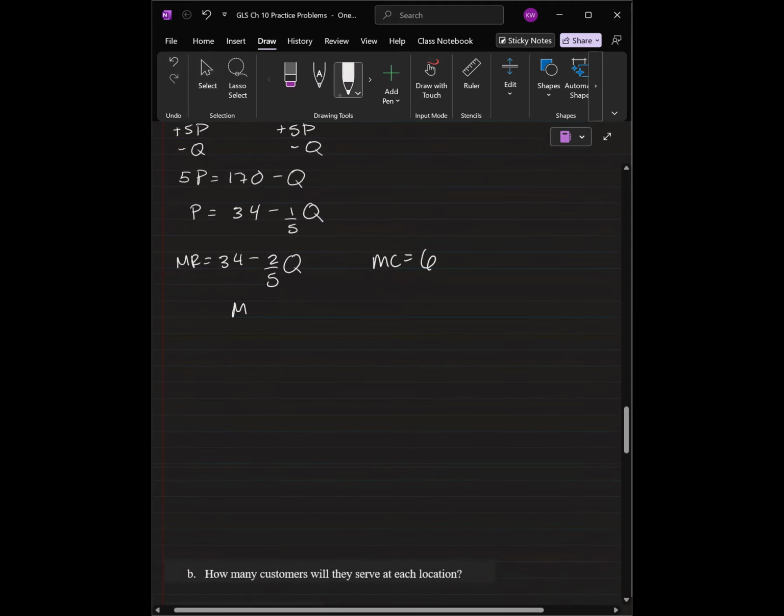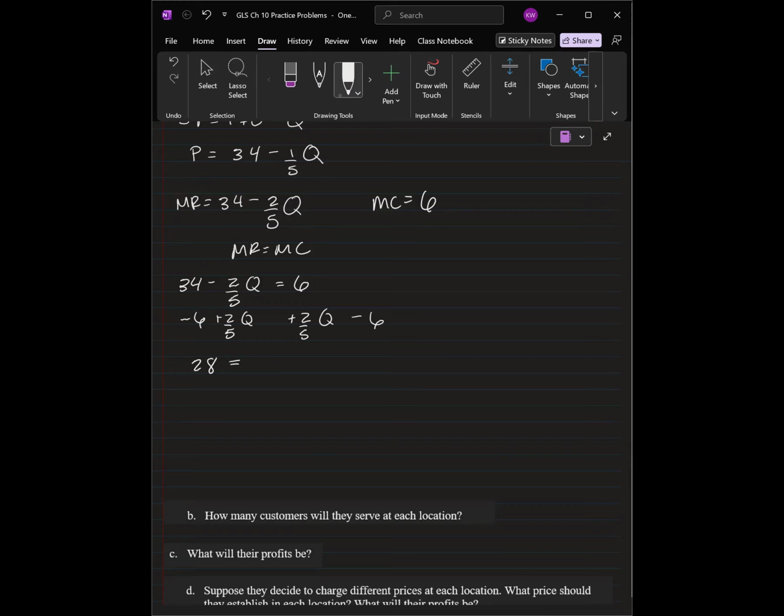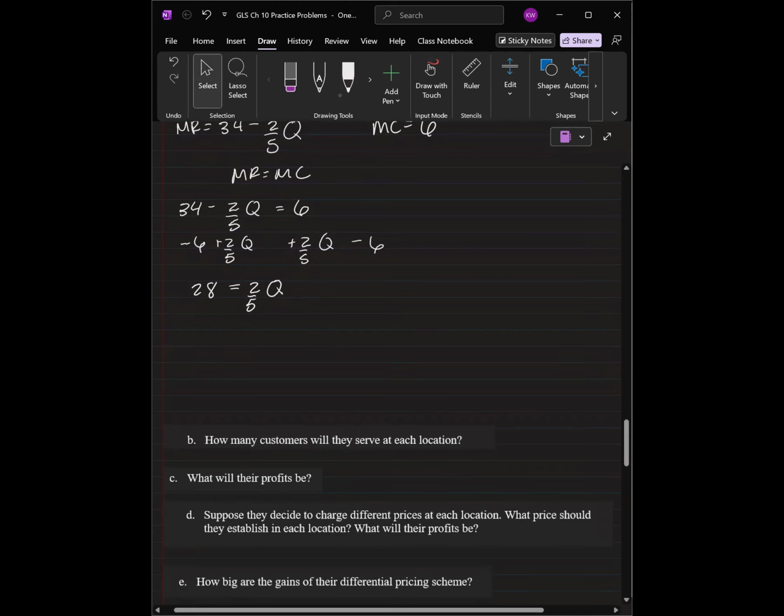Now we can set marginal revenue equal to marginal cost. So we get 34 minus 2/5 times quantity equal to 6. We add 2/5 times Q to both sides and subtract 6. So we get 28 is equal to 2/5 times quantity.